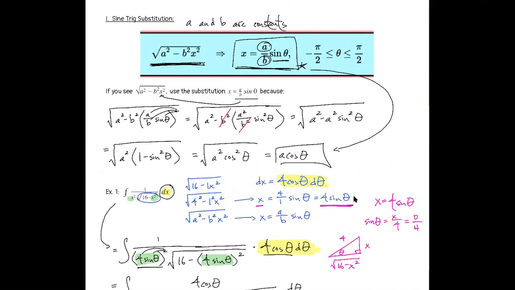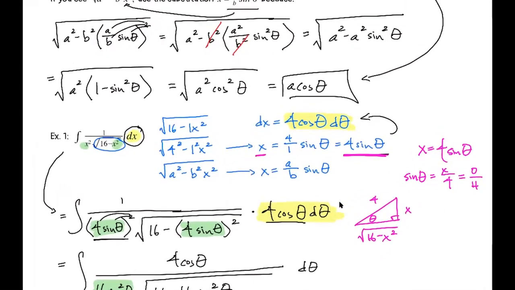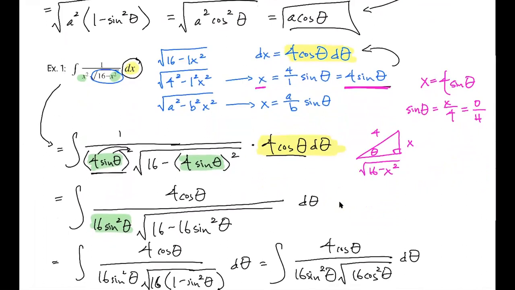Now with that 4 sine theta, it was also really important for us to make sure that we found our dx, because when we substituted everything in, we needed to substitute not just my x's, but also my dx. So this line is just our substitution line, and from here we made sure that we substituted in all of our x's as well as our dx.